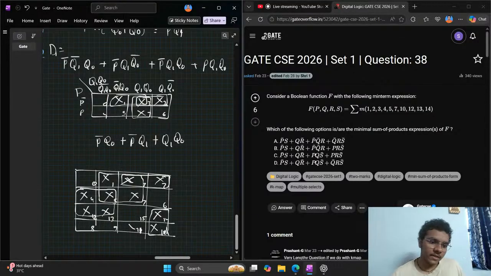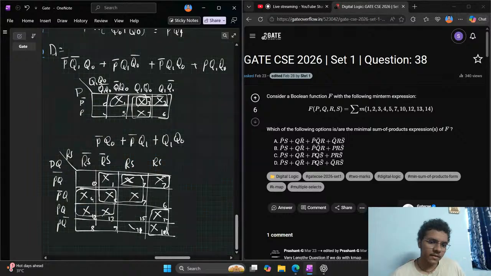That honestly makes a lot of sense. P Q R S. P dash Q dash, P dash Q, P Q, P Q dash, R dash S dash, R dash S, R S, R S dash. That's it.